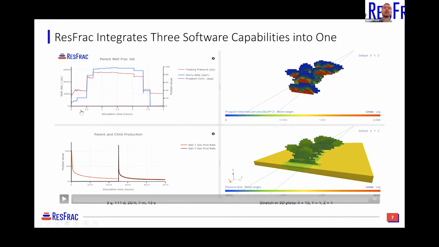In the upper left, we can see the injection rate and treating pressure for that first parent well. And then on the bottom right is the production profile. In the bright red is the parent well production, and the dark red is the child well production rate.